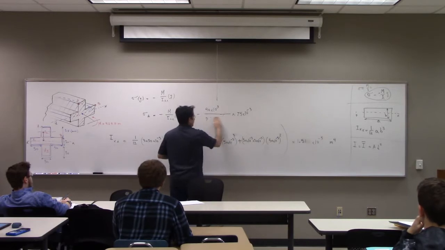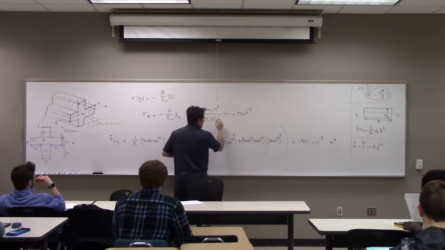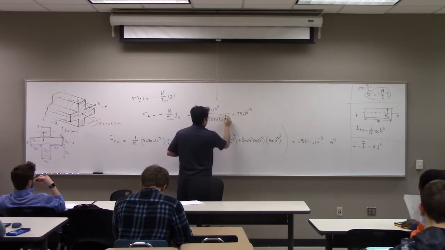So you say 1.51 times 10 to the negative 5.